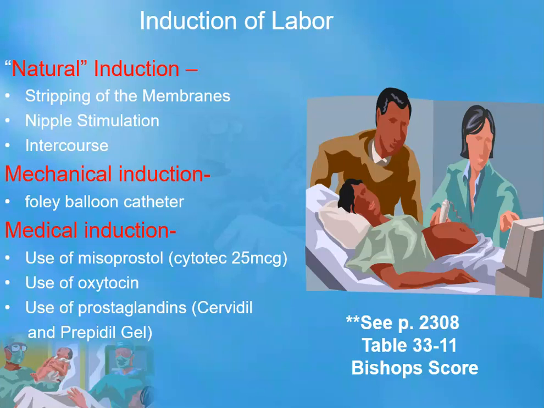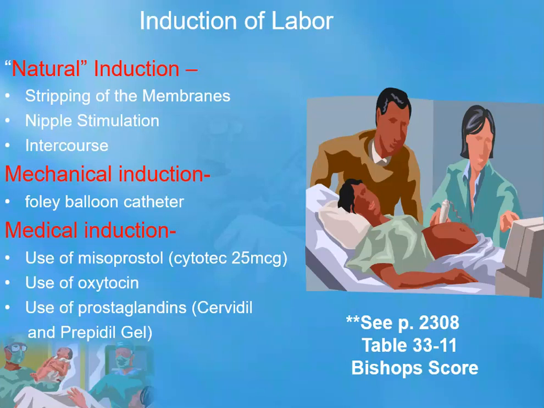The doctor will do that vigorous vaginal exam and roll up the membranes, I guess you could say. So they call it stripping of the membranes, and that in itself can weaken the membranes and cause them to rupture easier. If she ruptures a membrane, she's got to go to the hospital because if she breaks her water, she has 24 hours to deliver. So stripping of the membranes is a natural way to get the induction going.